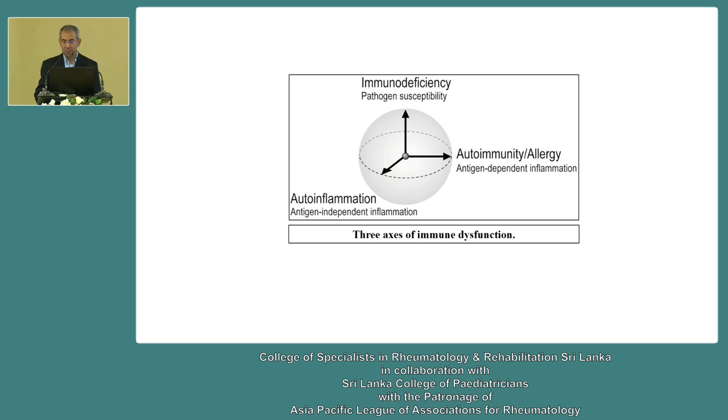This schematic illustrates the potential pathways in a patient with dysregulated immunity, a patient with immune dysfunction. He may follow either autoinflammation, immune deficiency, or autoimmunity with allergy. And I may add also malignancy in those patients. They may also show malignancy because of the immune system dysfunction.